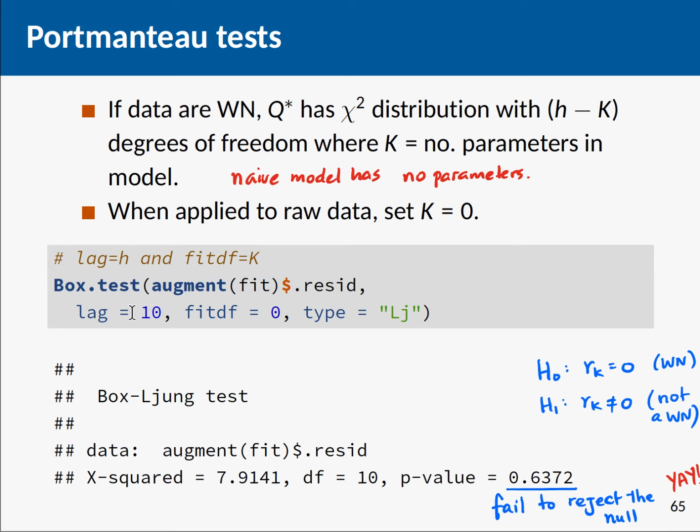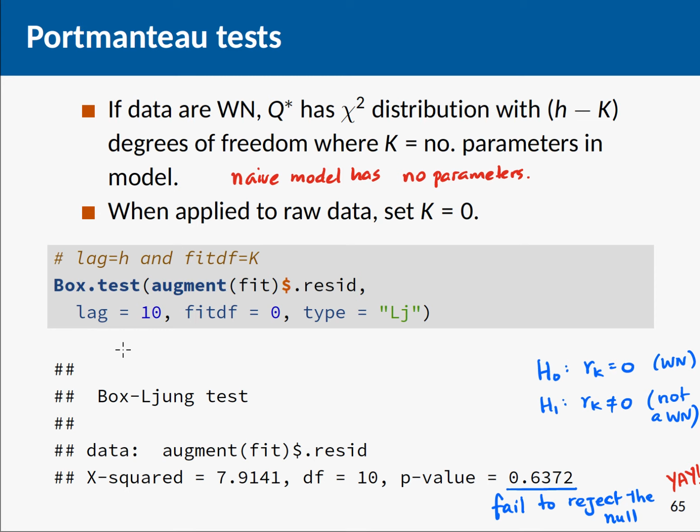We are going to look at 10 lags, so h is 10 here. This is the max lag. And since this was a naive model, we haven't really lost any degrees of freedom, so that's equal to 0. The type we are looking at is Ljung-Box. You can change this argument to look at a Box-Pierce set.